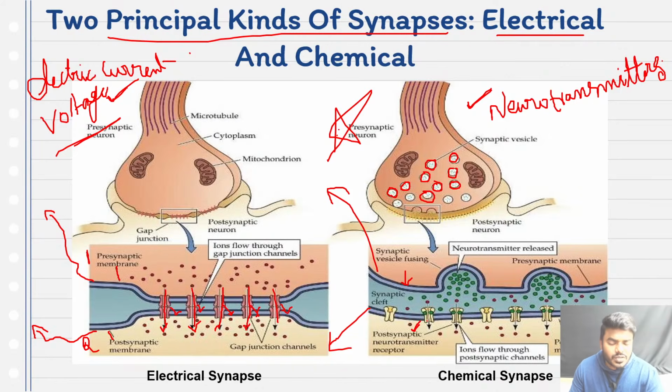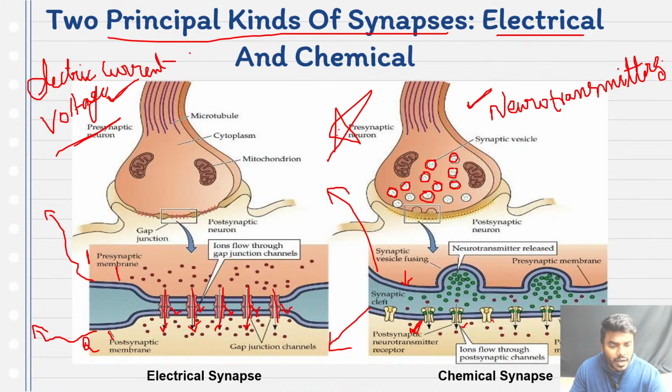The neurotransmitters will come and associate with the receptors present on the postsynaptic membrane. The moment neurotransmitters associate with the receptor, immediately there will be an opening of the ion channels.